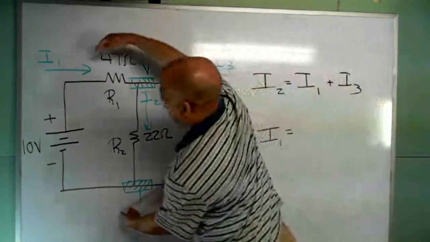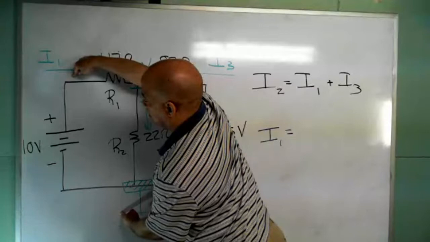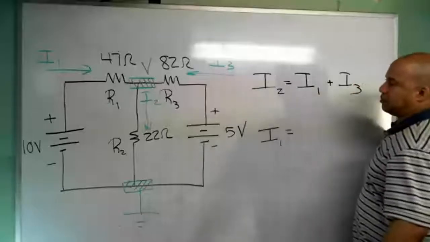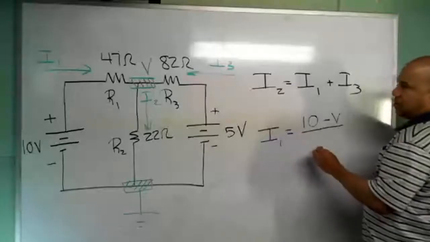If I measure over here, I1 is how much? I1 is 10 minus V over 47. Does everybody see why this is correct? That's right.